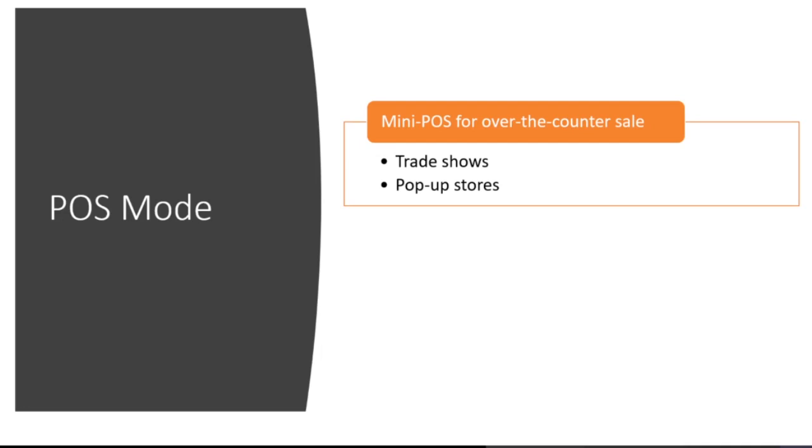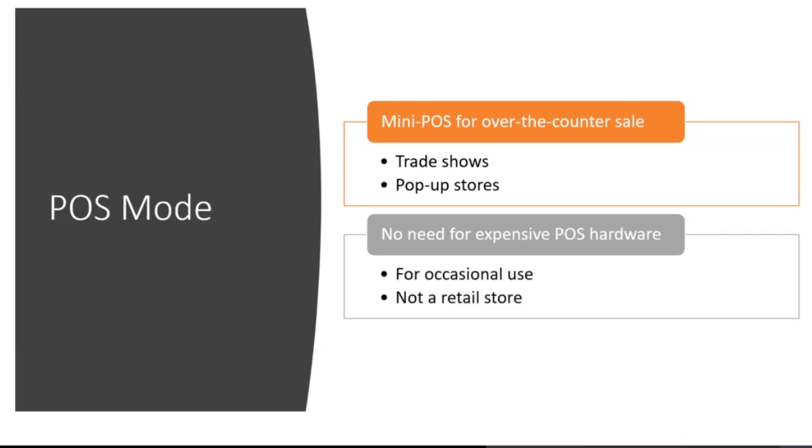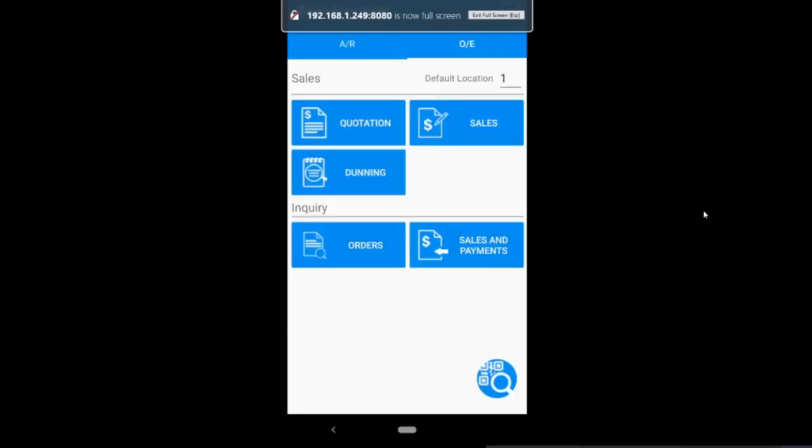So if a Sage 300 customer needs to go to trade shows once in a while and sell goods there, or maybe open up some pop-up stores for a short period of time inside a shopping mall, for example, and does not want to invest in expensive POS hardware, because those things are expensive, and if they are not using them like in a retail store, only for occasional use, then I think Sales Anywhere is perfect if they use it in this POS mode.